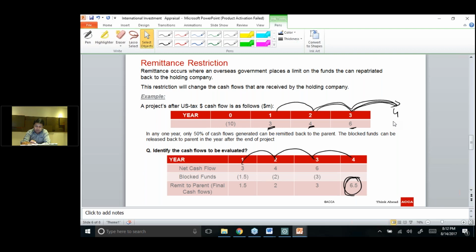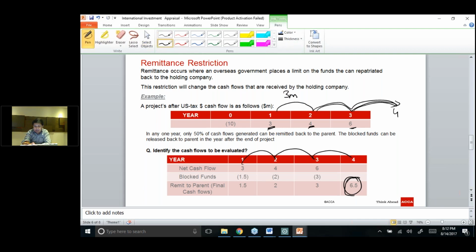So what you are going to do, you will reinvest this 3 million at 5% for the next 3 years, because you are at year 1, and then 1, 2 and 3, and after year 3, at the end of year 4, you are allowed to pay the amount to the parent company. So how are you going to do it?